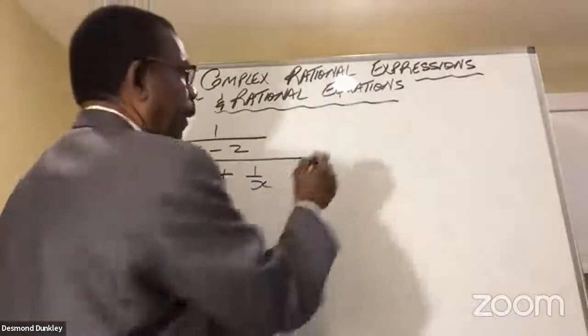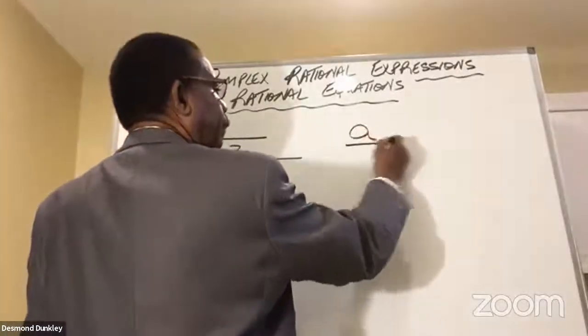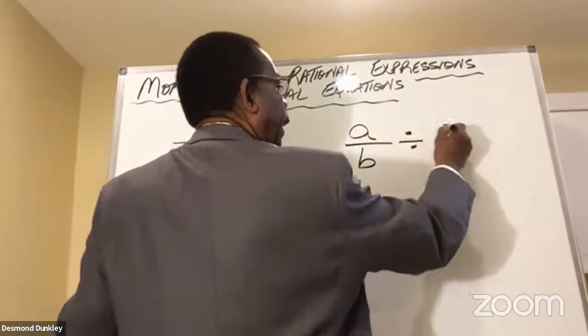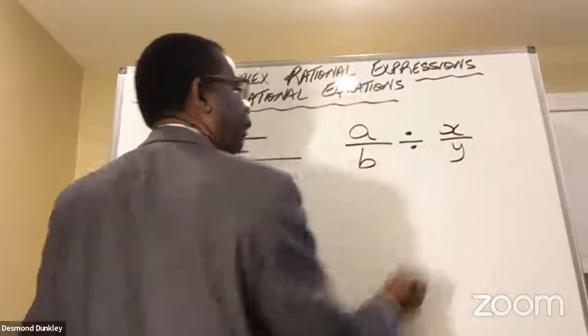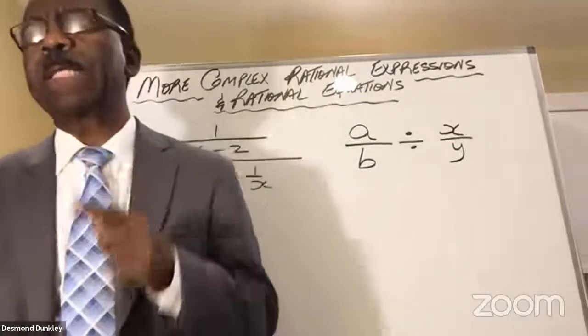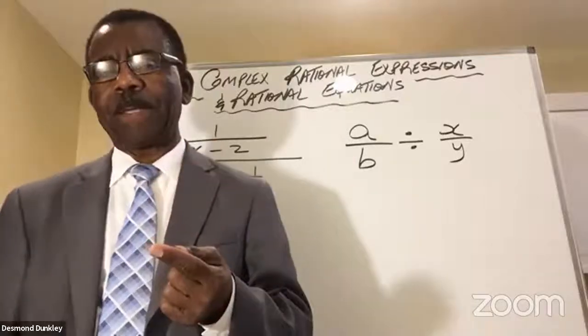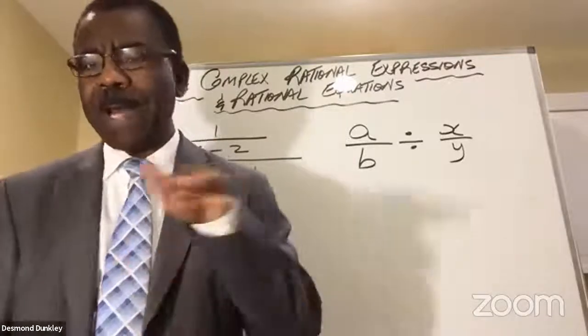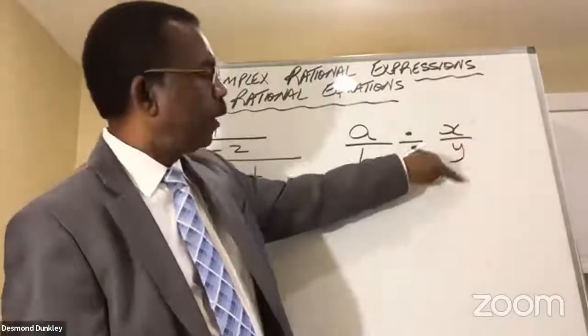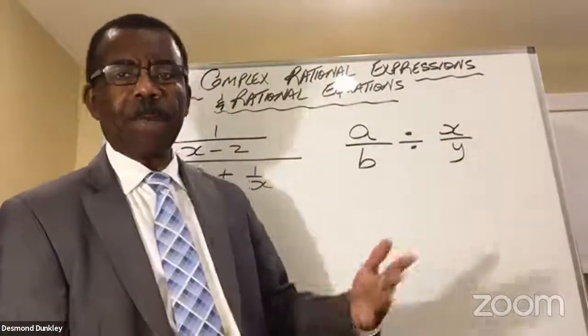What do I mean? If I give you a over b divided by x over y, this is so important, and there are so many students who still struggle with this concept. You don't need to, it's just knowledge. Whenever you divide by a fraction, you flip the fraction and you multiply.